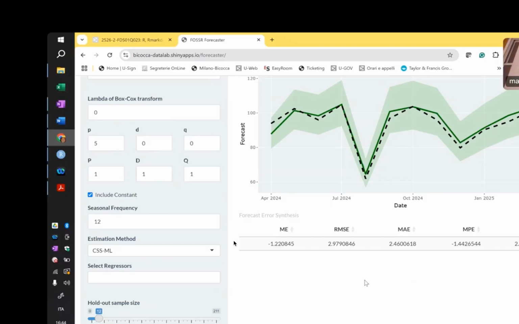And these two are really not loss functions, but just the mean of the errors and the mean of the percentage errors. That tells you if you overshoot or undershoot in your prediction. Here we're clearly overshooting. So if these are negative, it means we're overshooting. The real data are the black ones, and our prediction is the green one.